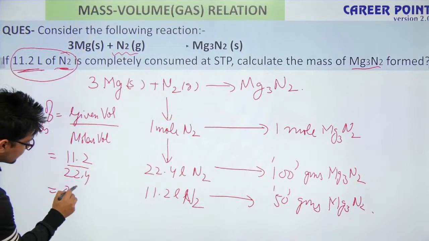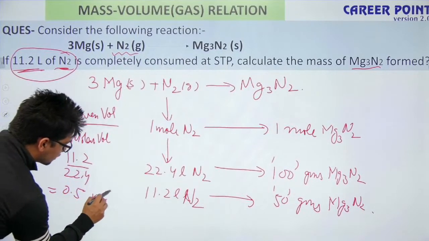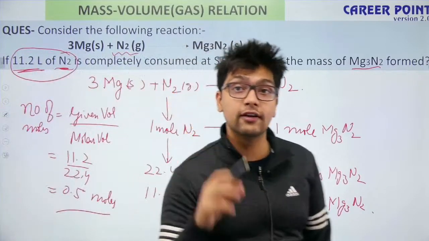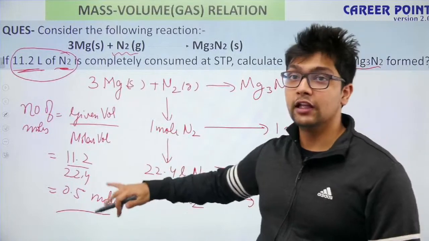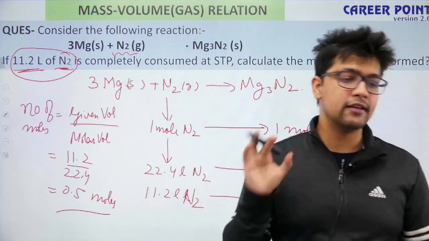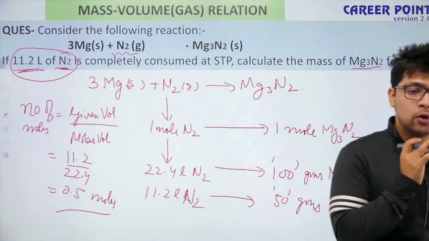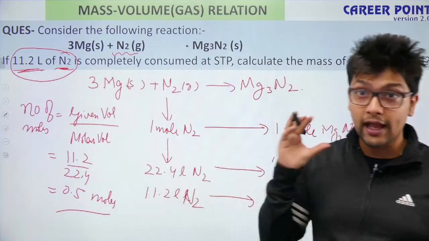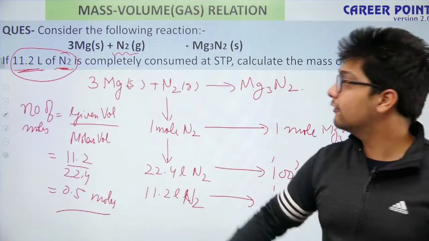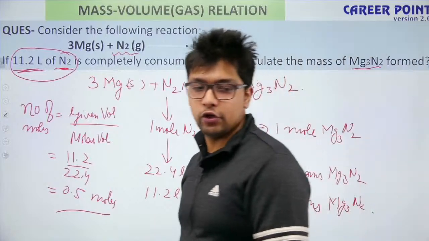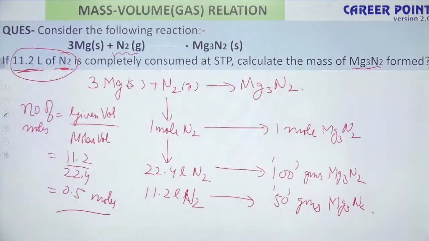So what is the answer? It is 0.5 moles. So even in this specific question, Mohammed, they have given us the number of moles, not directly but via volume. Is this clear to you? Tell me, Mohammed. In this part, moles are not given directly, they are given in the form of volume. If this is clear to you, we will solve the next question.